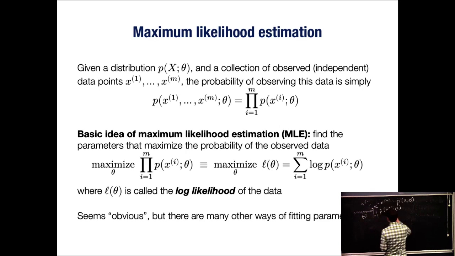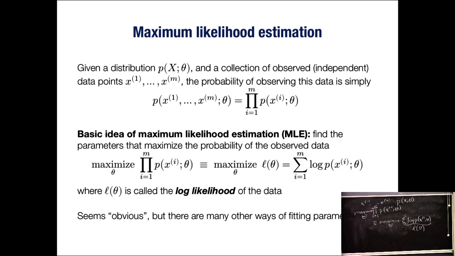So oftentimes we say this is equivalent to maximizing over theta the log of this thing, which would be the sum from i equals 1 to m of the log probabilities of x^i given theta. And we even have a term for this whole thing here. This is called the log likelihood of the parameters. Sorry, it should be log likelihood of the parameters here. Actually, both of these are sometimes used in different contexts, but log likelihood is usually talked about for parameters.